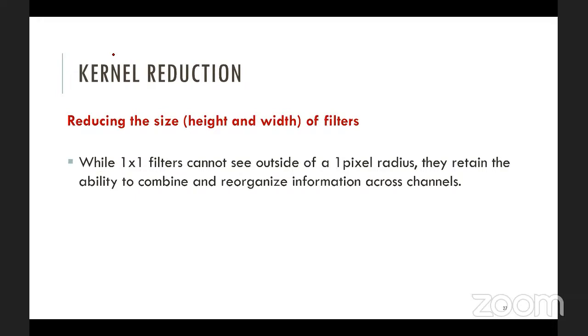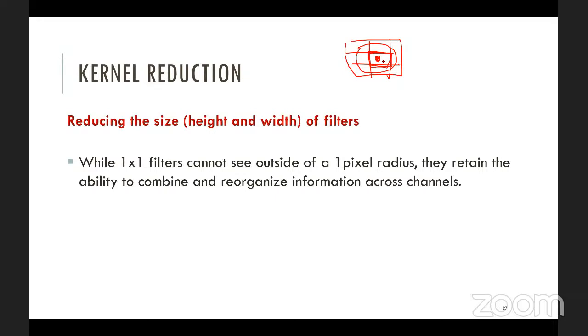Let us say you are taking a 3 cross 3 filter and placing it on this pixel, right? All these neighboring pixels also participate here. Through this filter you are considering the effect of these neighbors on this pixel. But when you have this 1 cross 1 point-wise convolution, you place it here, and definitely you can't see outside this 1 pixel radius, right?